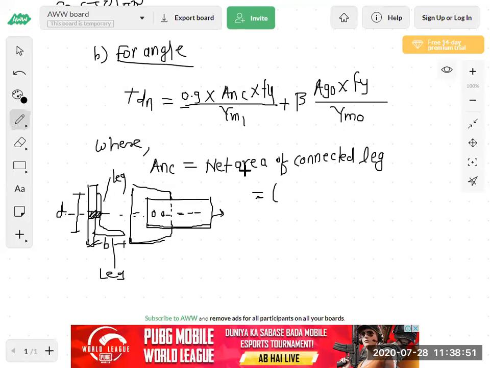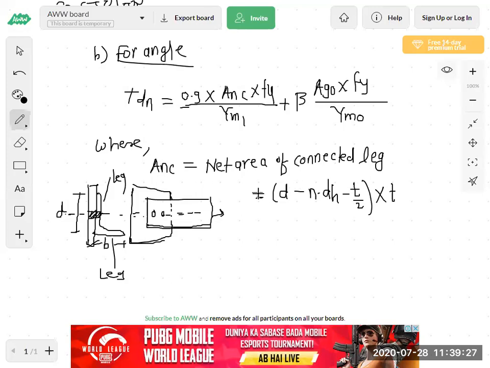So now, first, the net area of the connected leg. So this leg is connected. Now here d, the depth of section, d minus n into dh minus t by 2, into t is the net area.